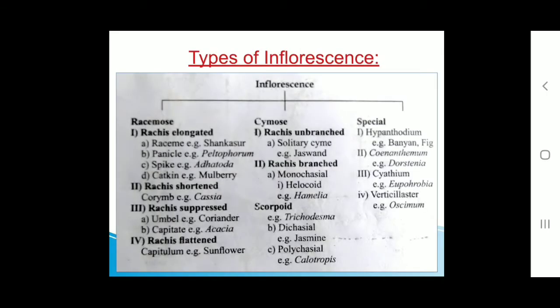Then after that we must see types of inflorescences. There are following categories of inflorescences on the basis of arrangement of flowers: racemose, cymose and special type of inflorescences.